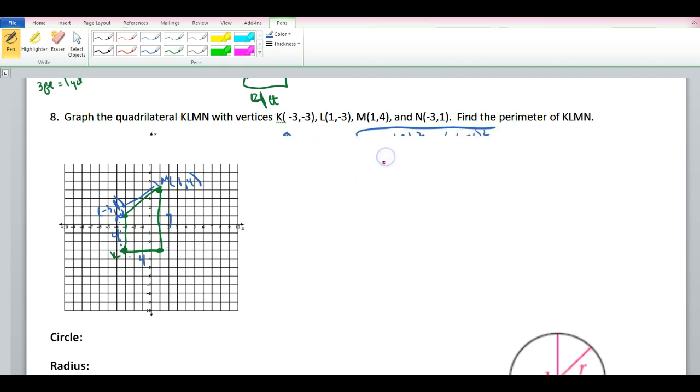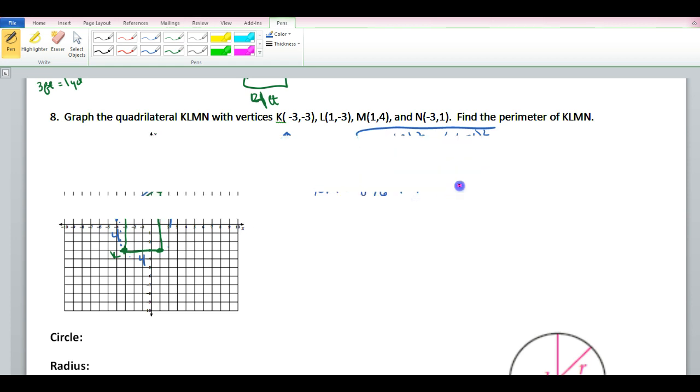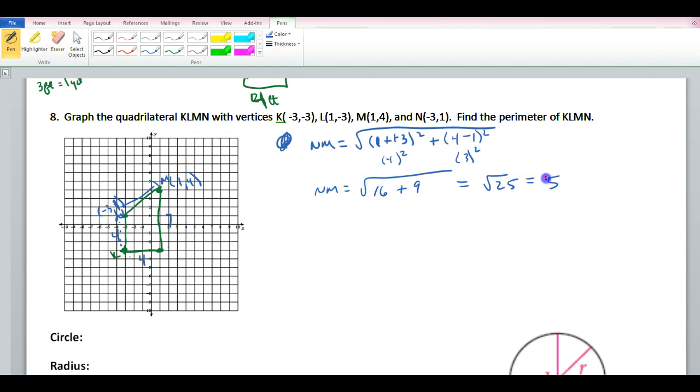So this would give me 4 squared. This would give me 3 squared. So NM would have a length of the square root of 16 plus 9, which is the square root of 25, which ends up being 5 units long.